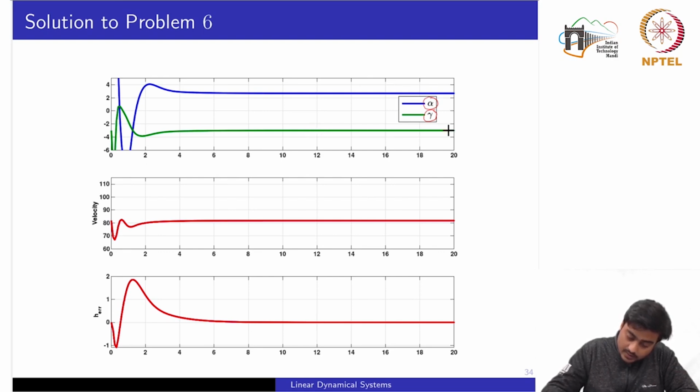It is clearly visible that this gamma is tracking the -3. The velocity should track the value 81.8, which it is also tracking, and H error should be equal to 0. So all the state variables or all the outputs are tracking the reference trajectories, and all the signals are stable.